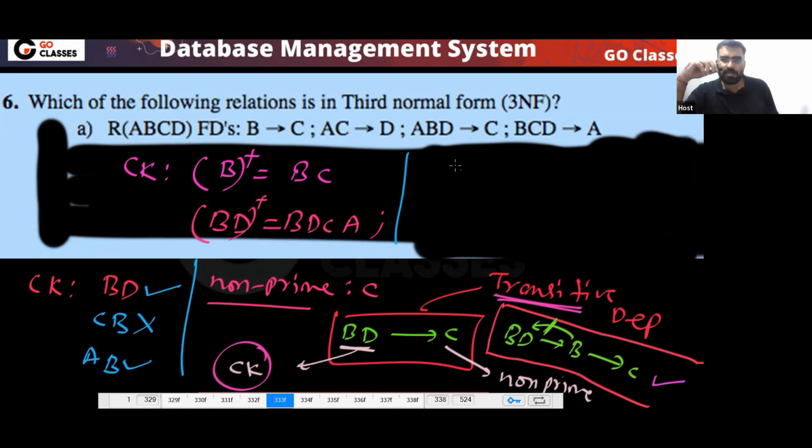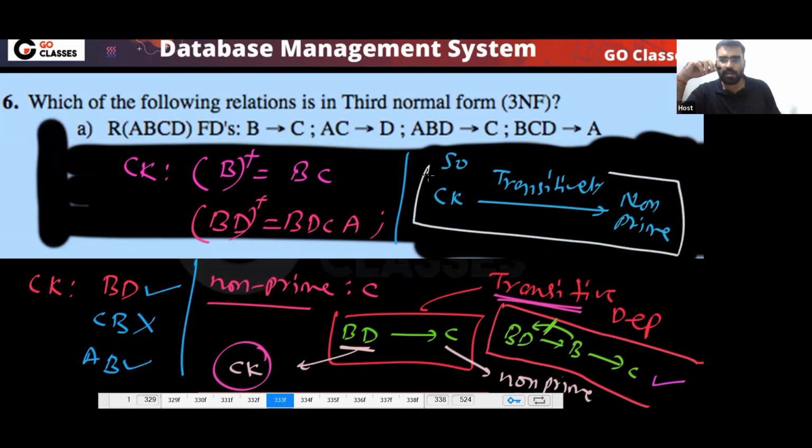Here, what is happening is that the candidate key transitively determines a non-prime attribute, and hence this is a problem. So not 3NF. Okay, so this is quite easy.